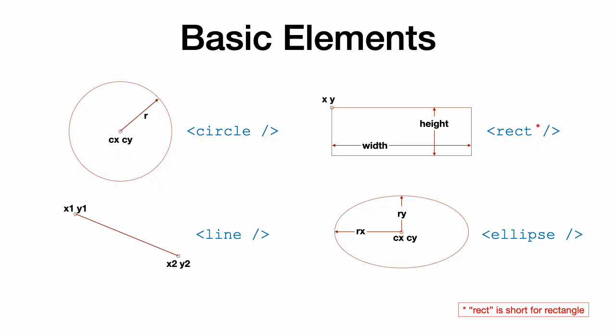Another commonly used shape is a rectangle. SVG uses the short name rect for rectangles. Rectangles can be described by giving the point in the upper left corner using x and y. Then we need to specify the height and the width.